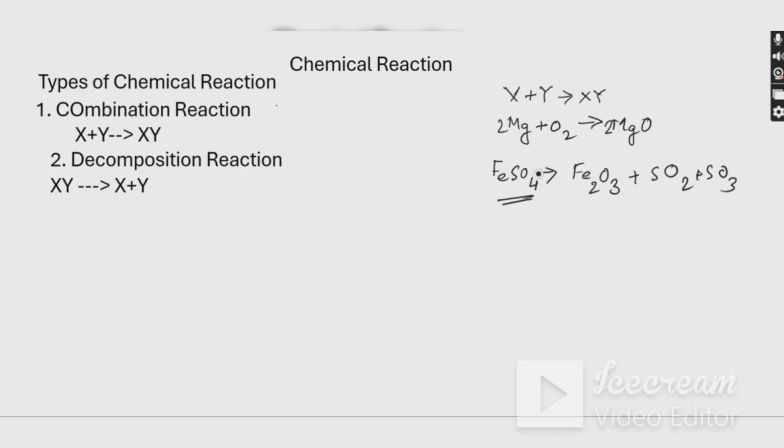That means FeSO4 is dissociating itself into three separate compounds. So that is where I tell it is a decomposition reaction. So we told combination reaction, and just the opposite of it, decomposition reaction.